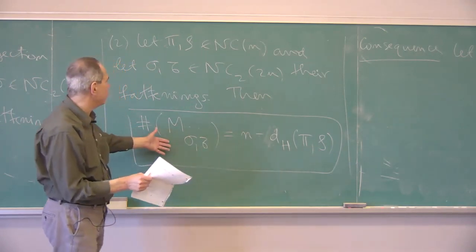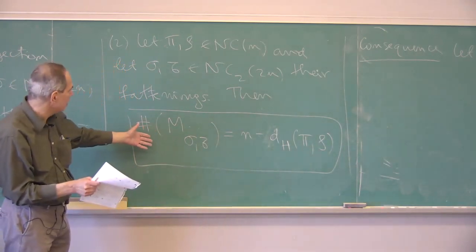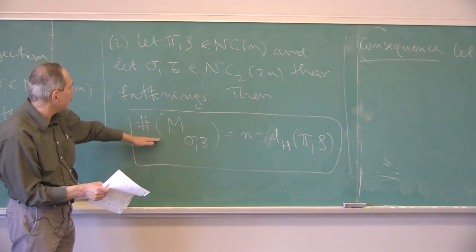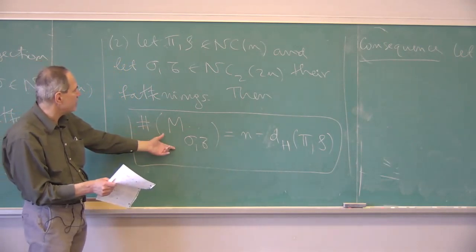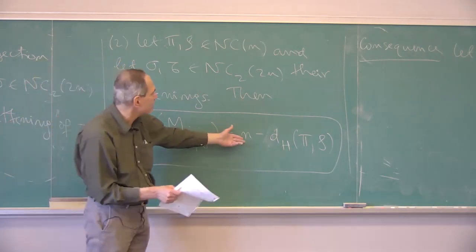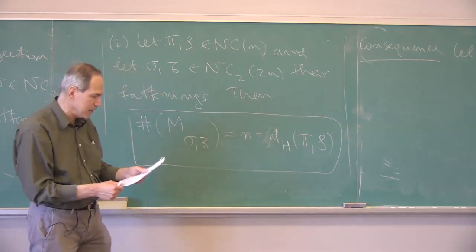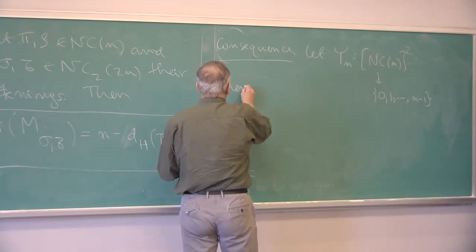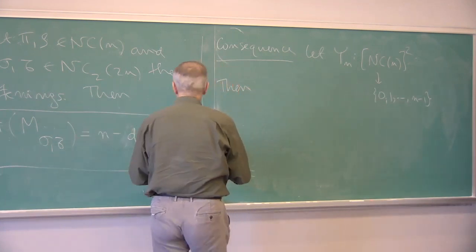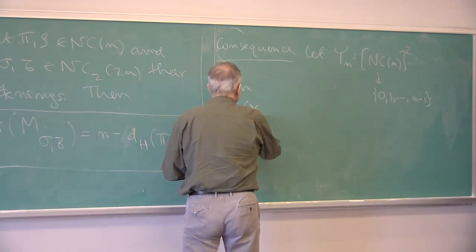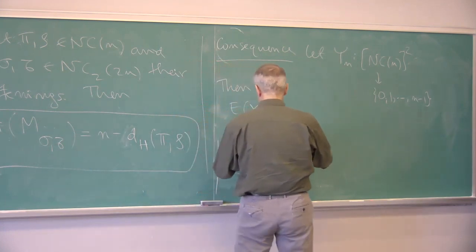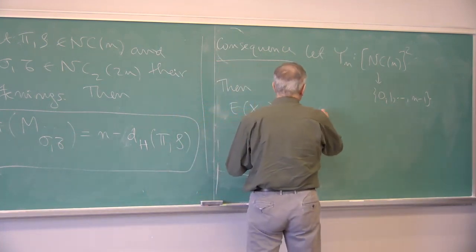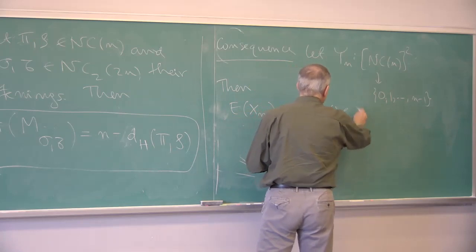Well, it also follows from here, because the number of components of a meandric system is between 1 and n, so n minus it is between 0 and n minus 1. Then if you look at this relation and you take expectations, you get that they are connected in this way.